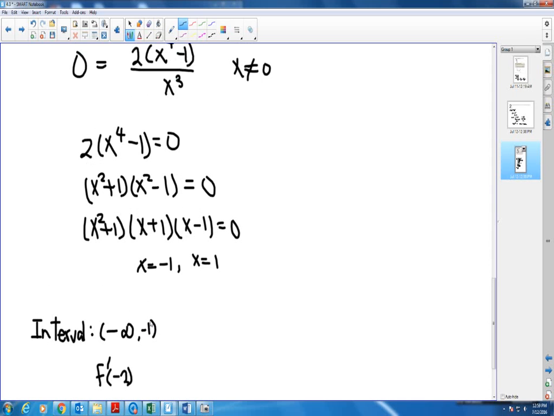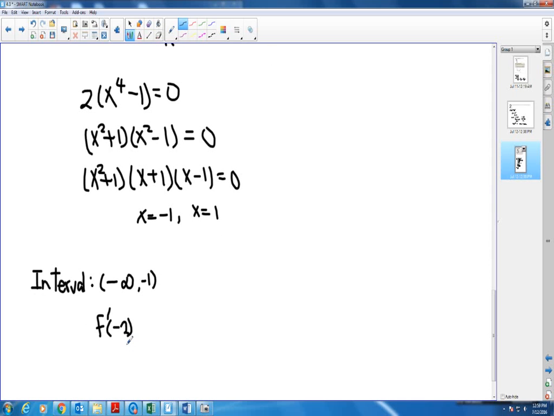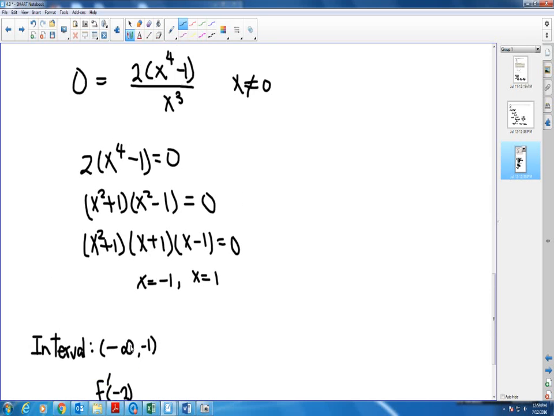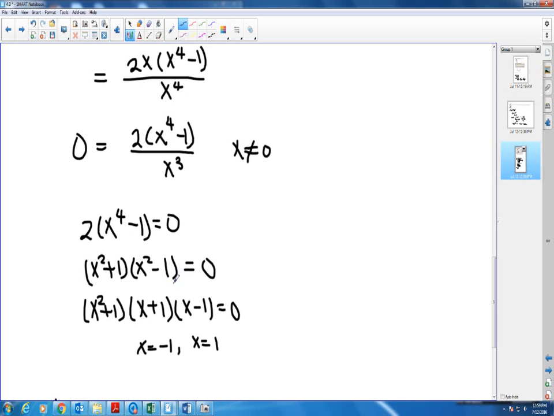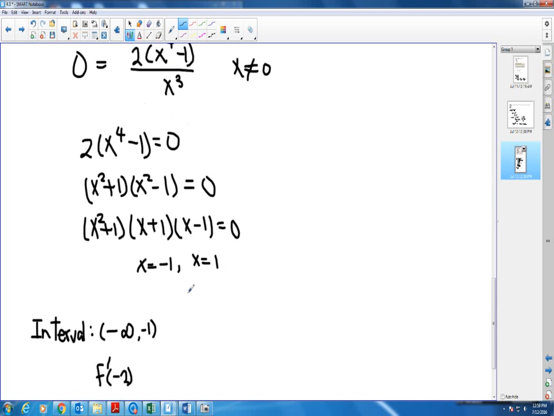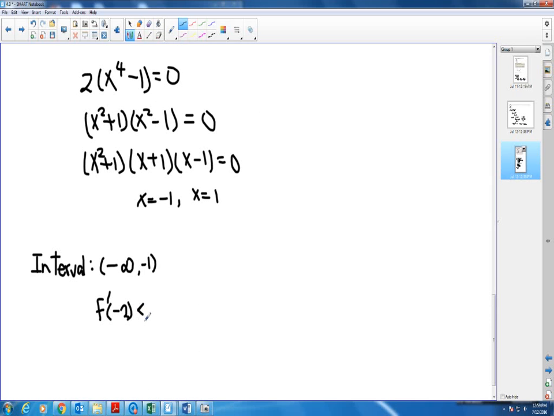If I plug in -2 into my function, I think it will be negative. If it's negative, that tells me this part of the graph is decreasing.